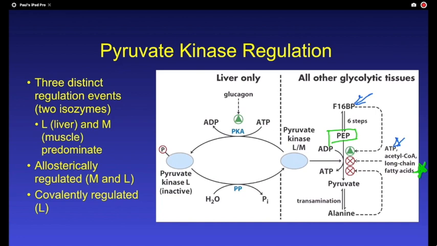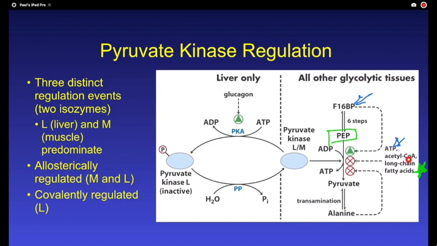If by chance you see fats being transported to the muscle, what does it do to glycolysis? It slows it down. Because this is an indication that you've gone long enough to actually start utilizing the fat rather than the carbohydrates. All right?